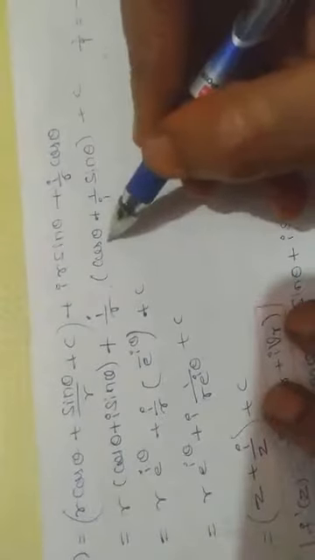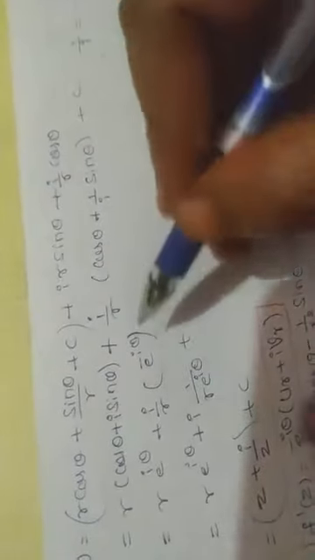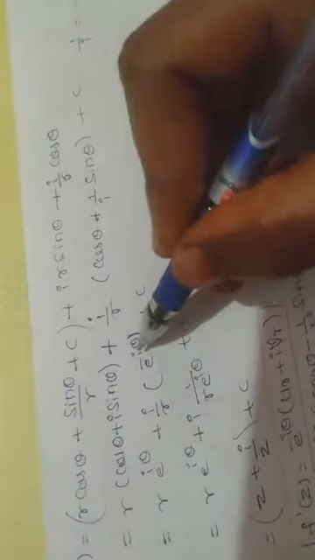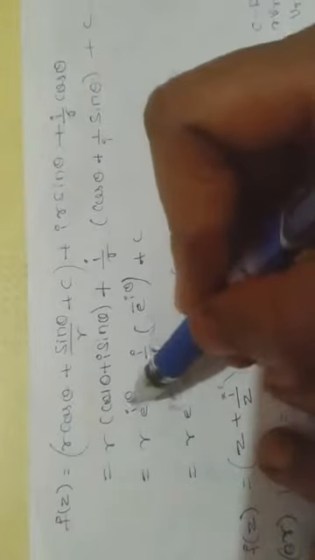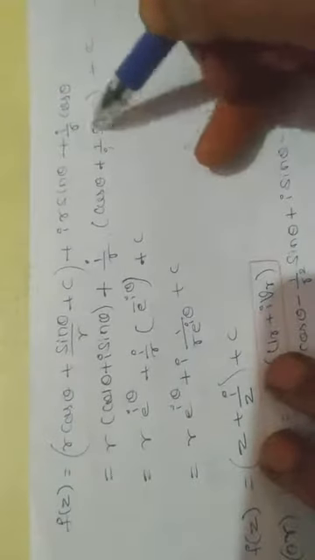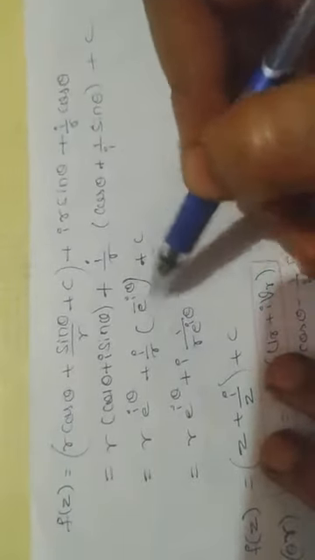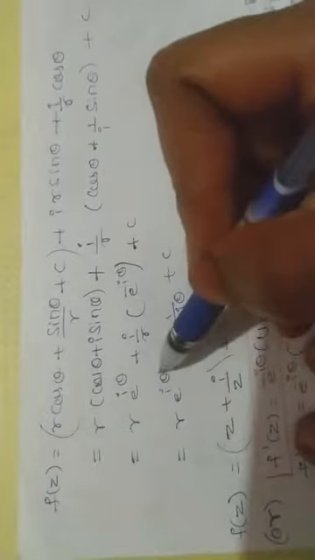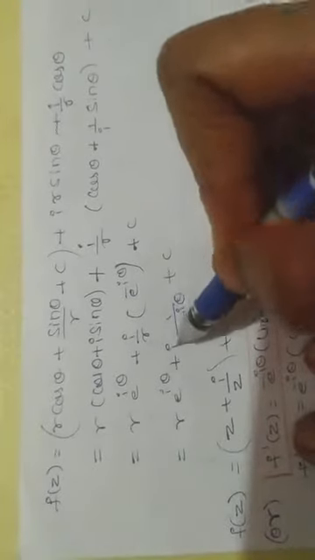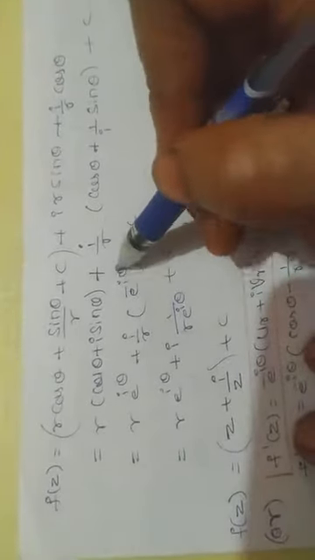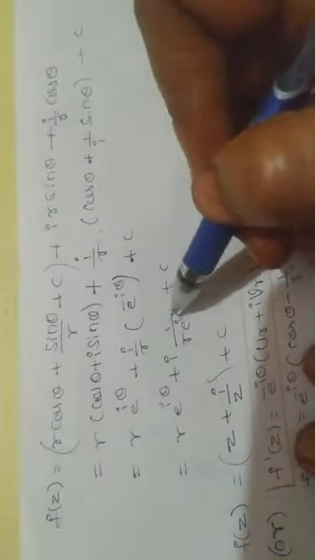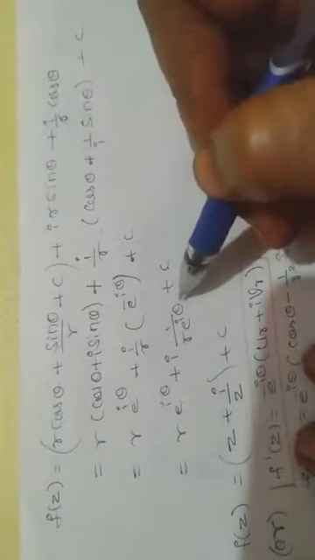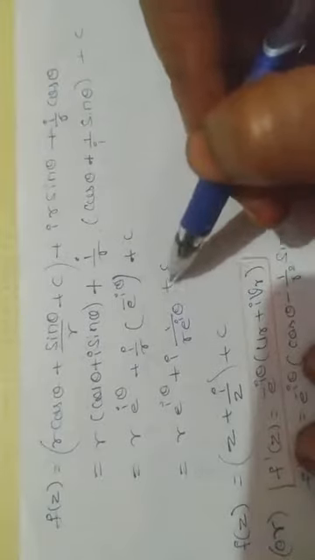So cos theta minus i sin theta is e to the power of minus i theta, plus c, and cos theta plus i sin theta is e to the power of plus i theta. This is equal to r e to the power of i theta plus i into e to the power of minus i theta, which can be written as 1 divided by e to the power of i theta, plus c.